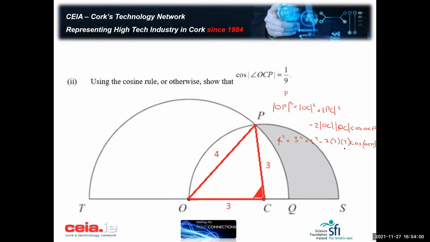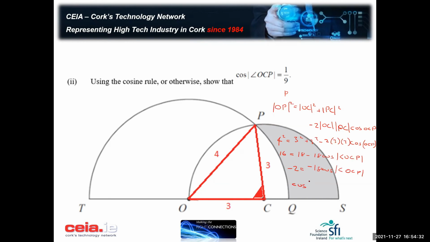So that's 16 equals 9 plus 9, which is 18, minus 2 by 3 by 3, so that's minus 18 by the cosine of the measure of angle OCP. Therefore minus 2 equals minus 18 by the cosine of the measure of angle OCP.